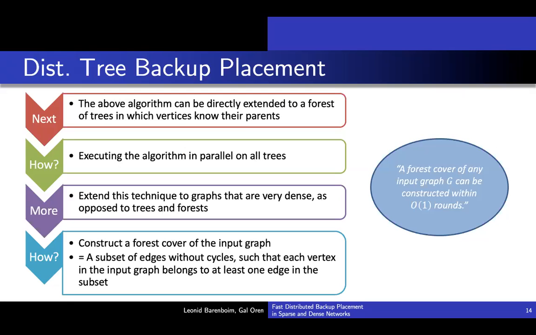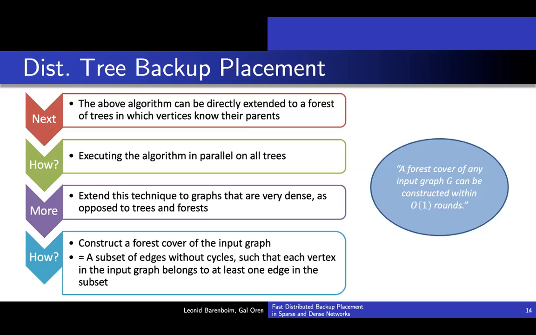We can clearly see that as a forest consists of a disjoint union of trees, the above algorithm can be directly extended to a forest of trees in which vertices know their parents, by executing the algorithm in parallel on all trees. But we can extend this technique to graphs that are very dense, as opposed to trees and forests.